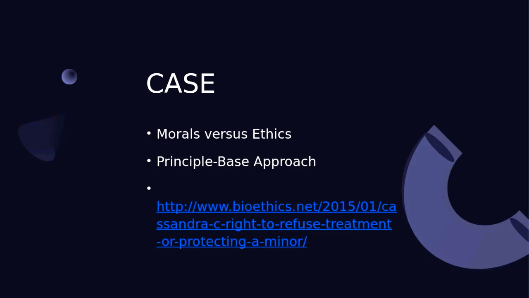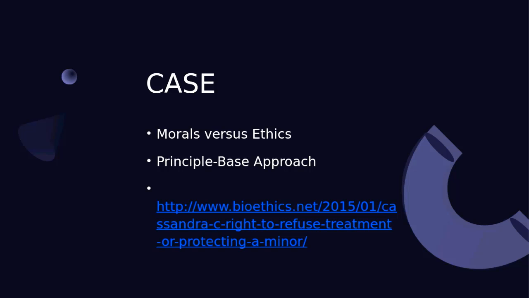So whenever I'm presenting this case, I'll also talk about a certain approach that we can use to figure out whether this case was ethically treated or not. One of the approaches we can use is what's called a principle-based approach. And there are 7 ethical principles that help guide us to make an ethical decision.